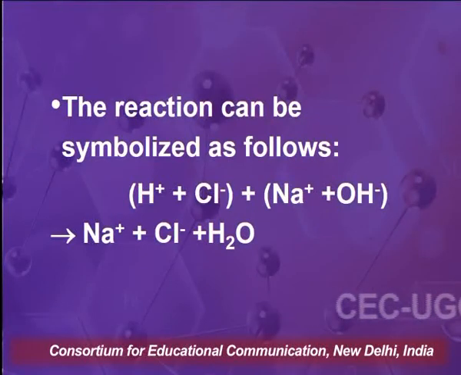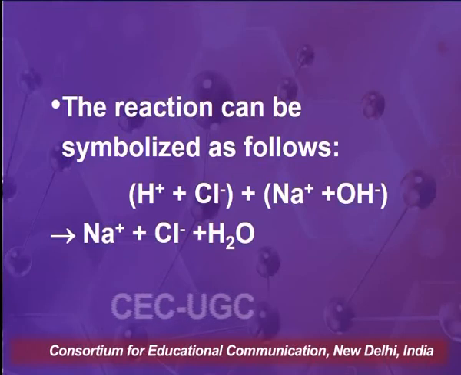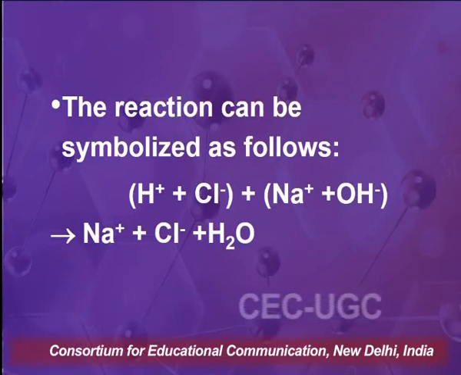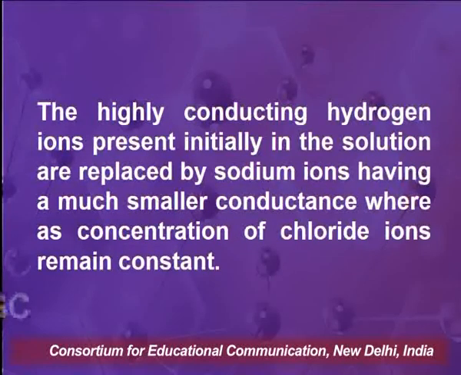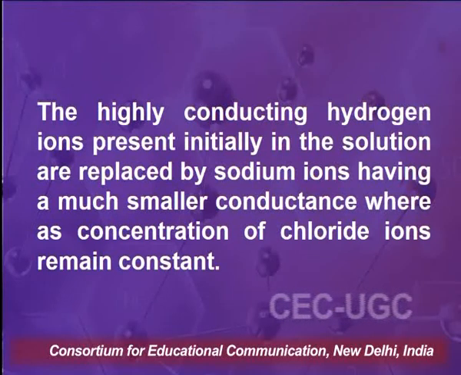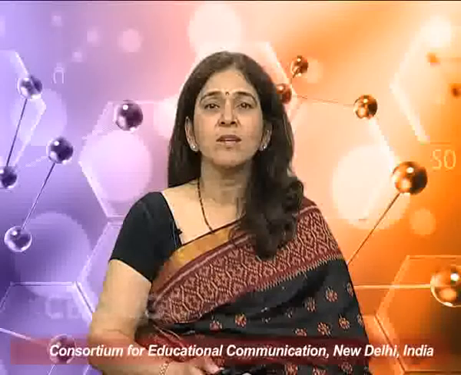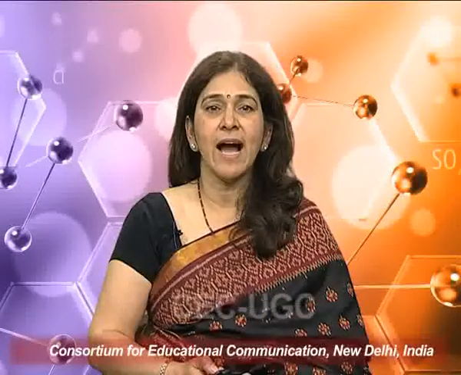The reaction can be symbolized as follows: H plus Cl minus plus Na plus OH minus gives Na plus Cl minus plus H2O. The highly conducting hydrogen ions present initially in the solution are replaced by the sodium ions having a much smaller conductance, where the concentration of the chloride ions remains constant.